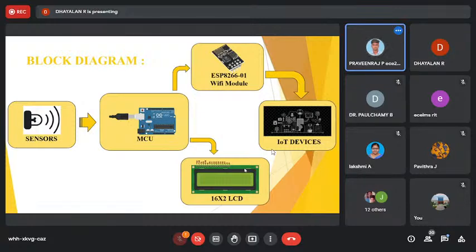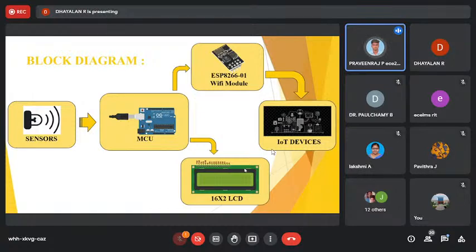As the MCU, we used Arduino. The sensors are connected to the analog pins of the Arduino, and it converts the data to digital. We used two modules for displaying our parameters.